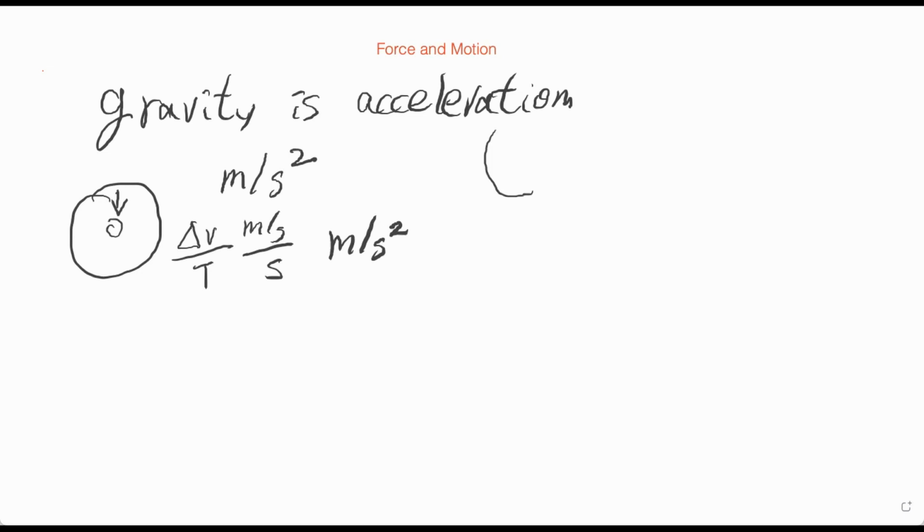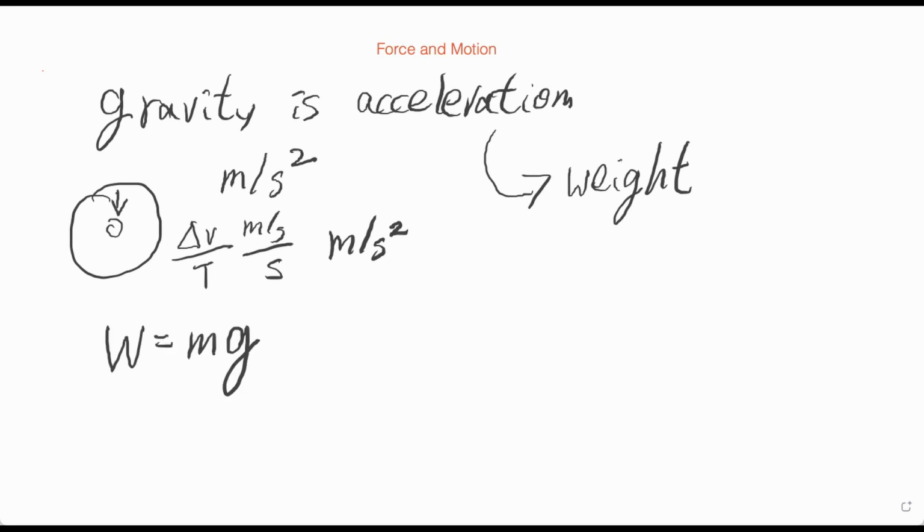The gravity on different planets is not the same. The gravity of different masses is not the same. But the weight is in fact the measurement of gravity. Now, I mentioned that weight is equal to mg. But you may be wondering, what is this? It's mass. But how is this different from weight?